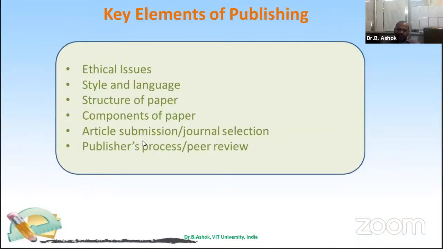And of course, the proper style and language of the particular journal, the structure or organization of the paper, the components or table of contents of the paper, needs to be properly justified while giving the publication.